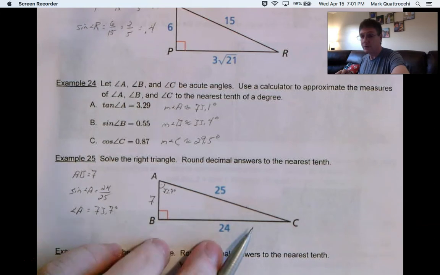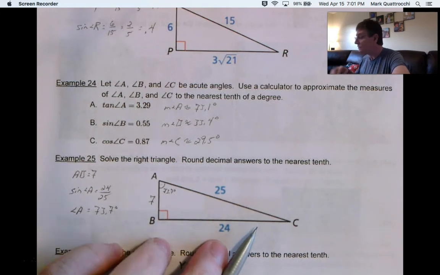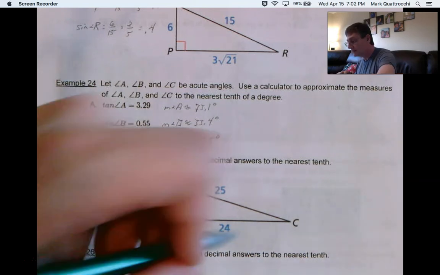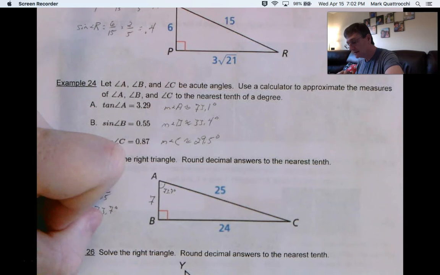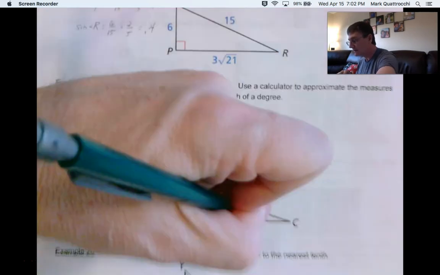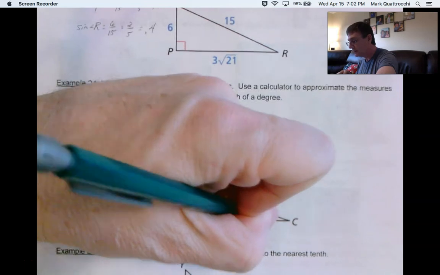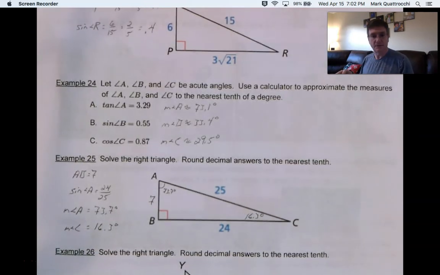We're not going to use trig again to find C. We're going to subtract from 90. And I get the measure of angle C equals 16.3 degrees. 16.3 degrees is the measure of angle C.